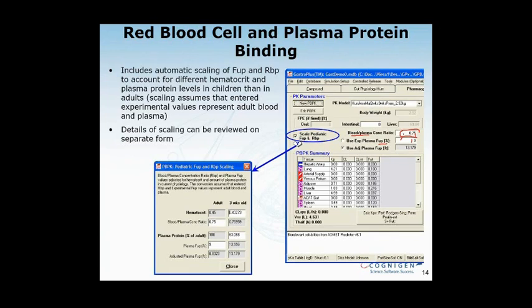So if you are entering the blood to plasma ratio and FUP corresponding to the age of the child that you are trying to simulate, you would turn off these options so there is no additional scaling. But if you have the typical scenario where these parameters are representative of adult blood, the program will automatically scale it to the age that you are trying to simulate.